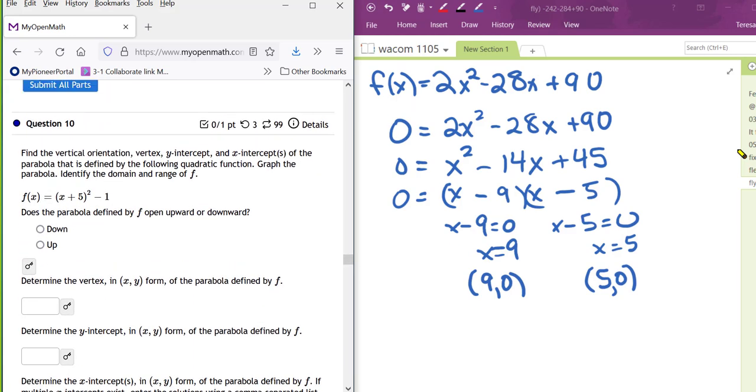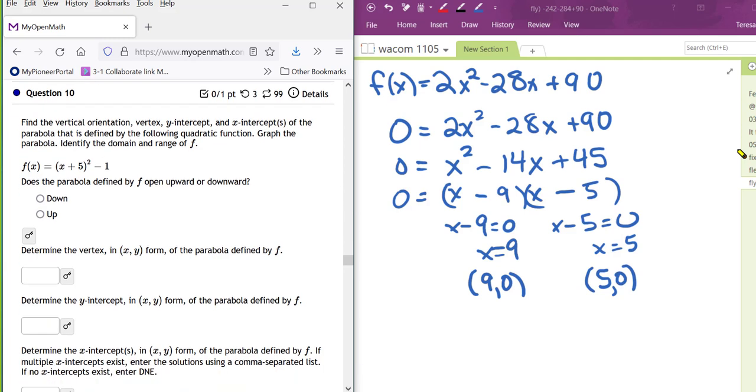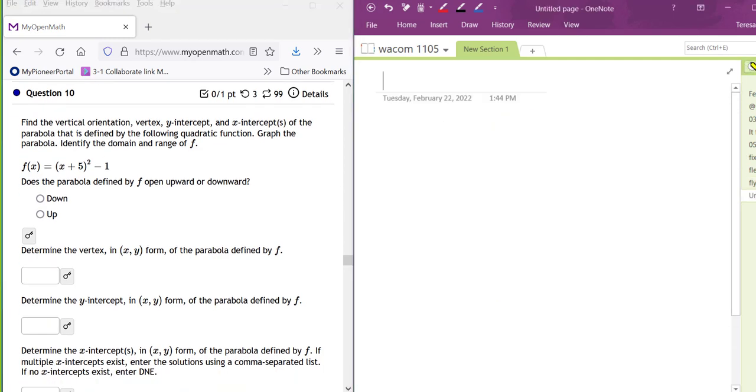For this one, these are some questions they're going to ask us. They're going to ask about the maximum, the minimum, and domain and range.